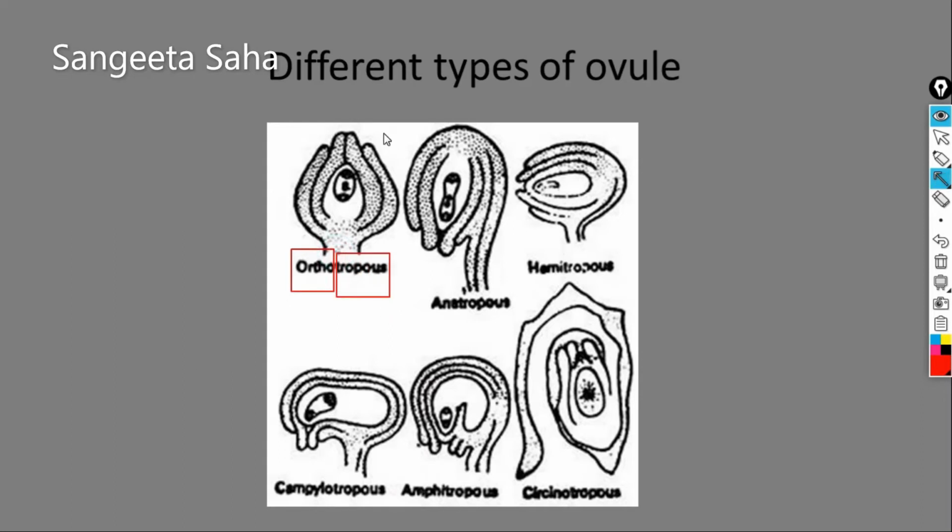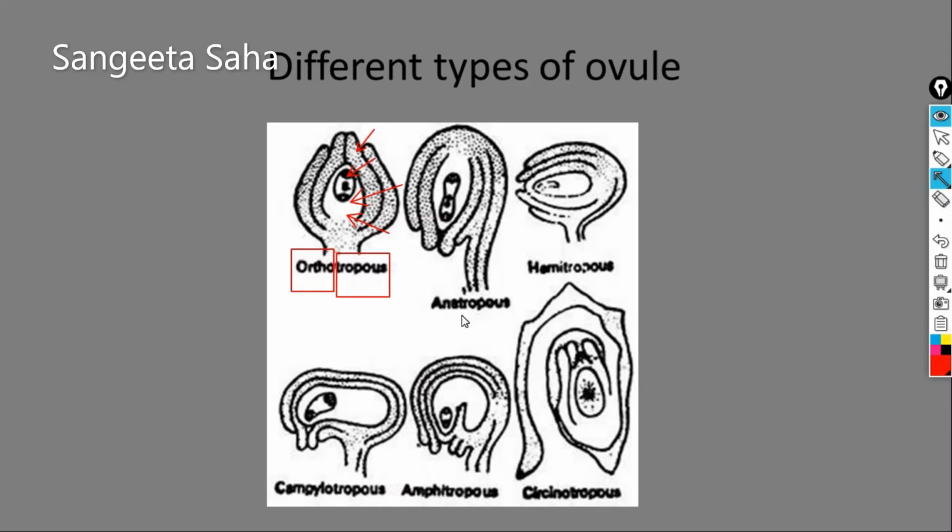Now these are integuments, this is the embryo sac, this one is the nucellus, and this part is the chalaza. When the micropyle, the chalaza and the funicle lie in one straight line, that is known as orthotropous, and this is found in Polygonaceae.